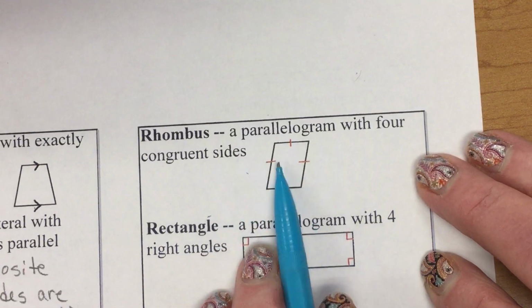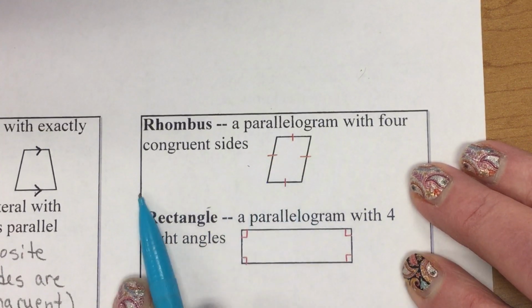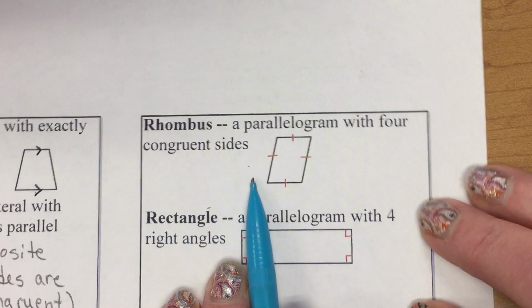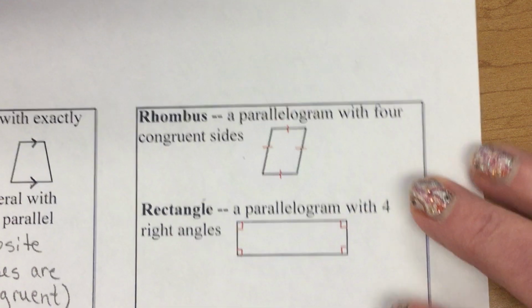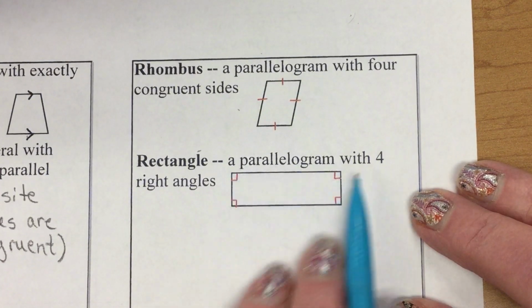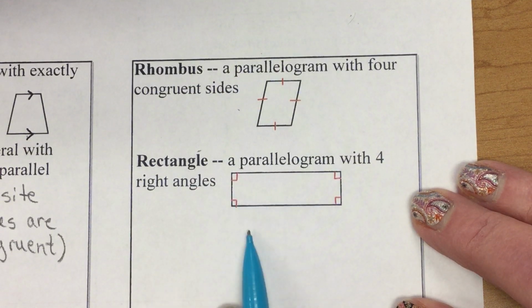A rhombus is a parallelogram with four congruent sides. It's kind of like a square that got squished over. A rectangle is a parallelogram with four right angles.